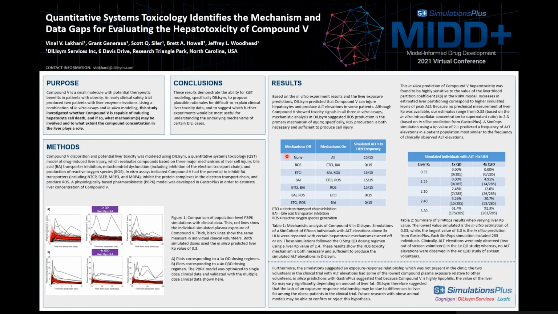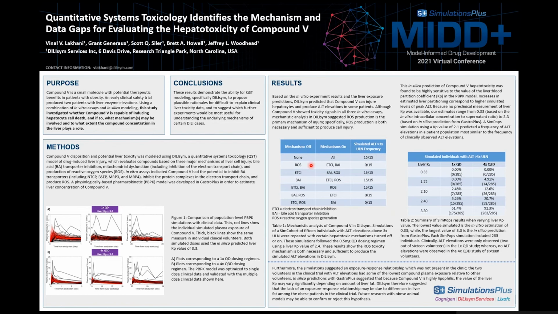So, we ran the full SimPops of 285 individuals to show those signals in general, and then we picked a subset of around 15 individuals that had ALT elevations above 3 times the upper limit of normal to do this mechanistic analysis. That's what this top row shows. When all the mechanisms are turned on, we have 15 individuals that have ALT elevations.